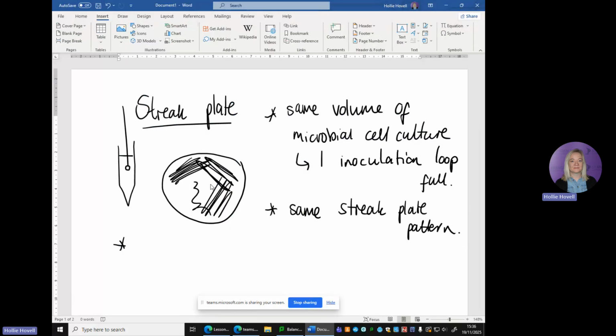And then we left them to incubate. So we could say the incubation temperature should have been the same. Now we incubated ours at room temperature, which is 21 degrees C. So we left both plates together, so they should have had the same conditions.